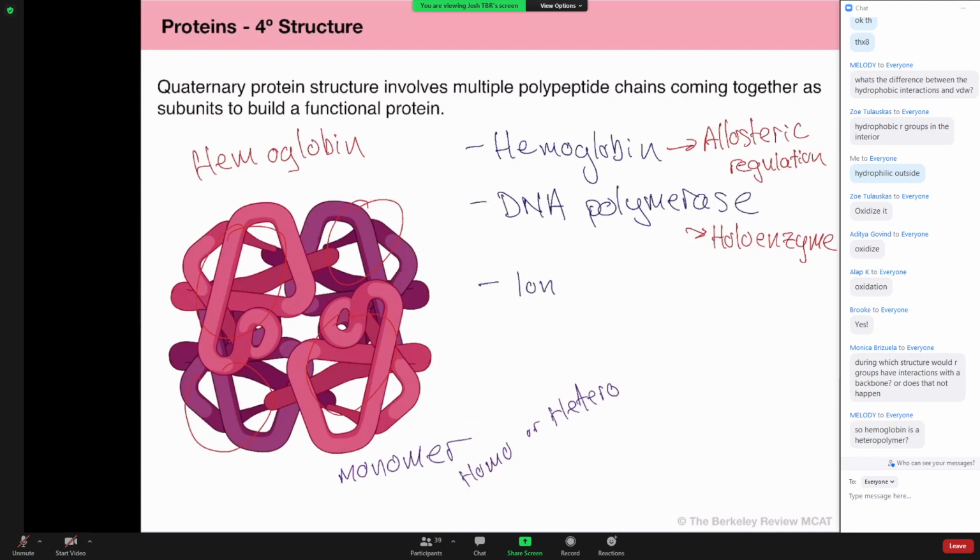These are going to be classic. The context of those is, it'll ask you something like, depending on the ion channel and the different subunits, you're going to get specificity for different ions.